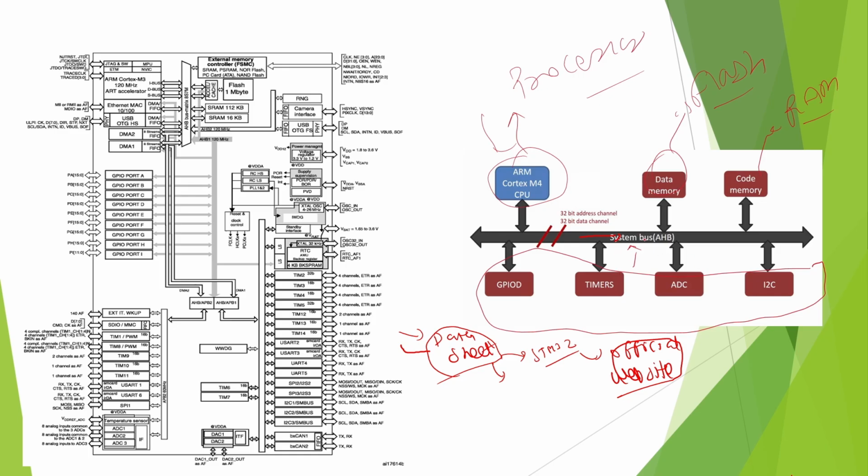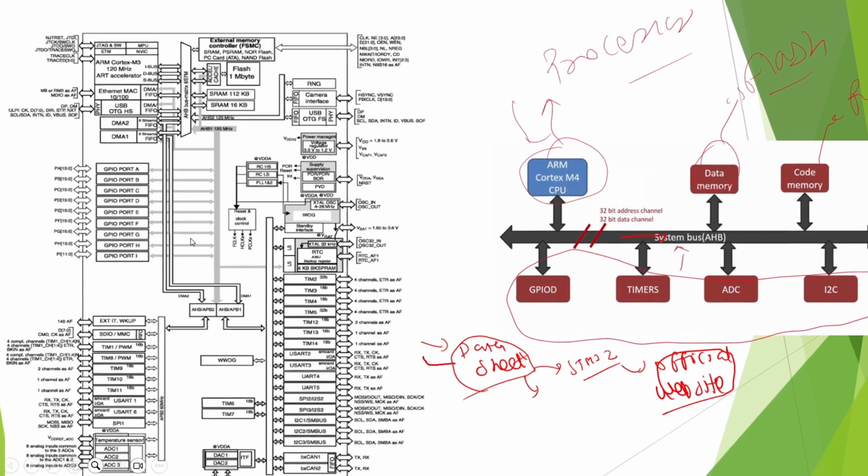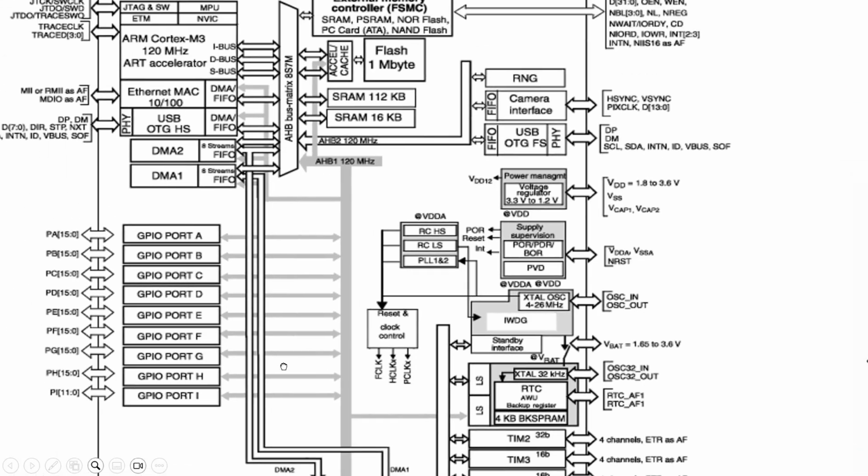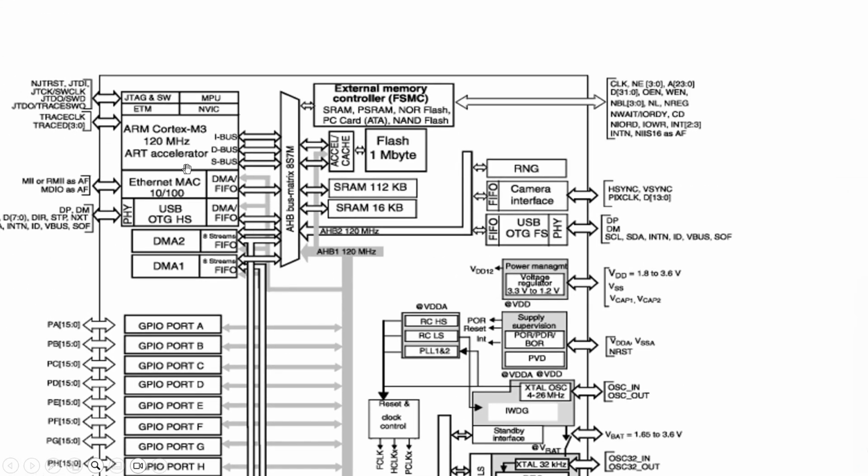The system bus is also called a high speed bus. You understand the buses? We will see this diagram. Here you can see this is your processor, and the processor is connected with the AHB bus.